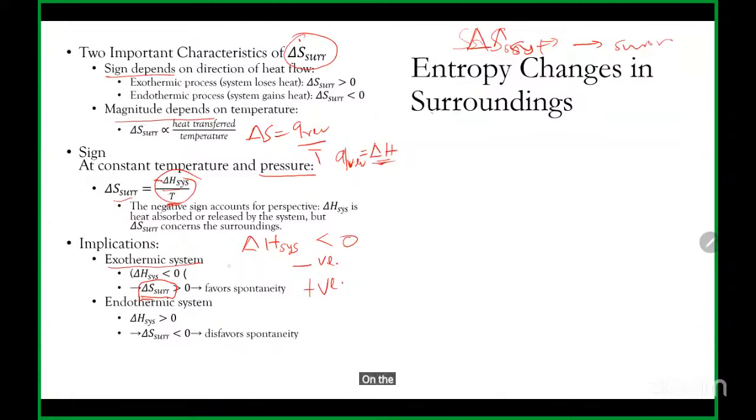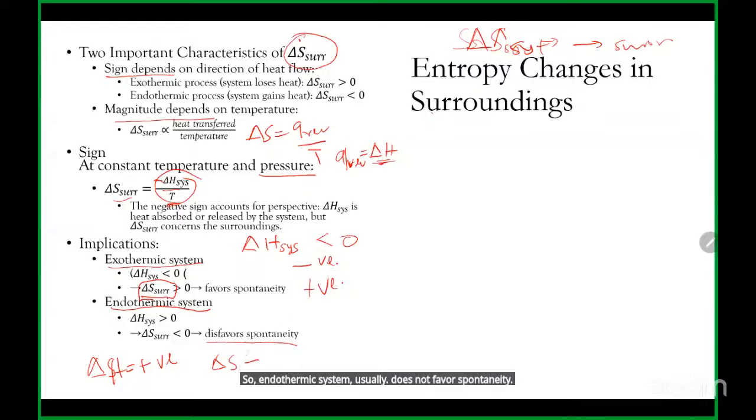On the other hand, if it's an endothermic process, delta H is positive. If delta H is positive, then delta S of the surroundings will be negative. So an endothermic process usually does not favor spontaneity. Again, it doesn't mean that we don't have some endothermic processes that are spontaneous. It depends on the conditions.